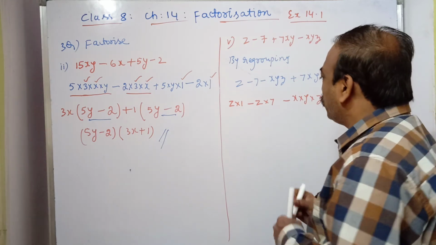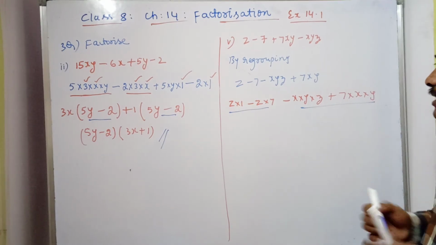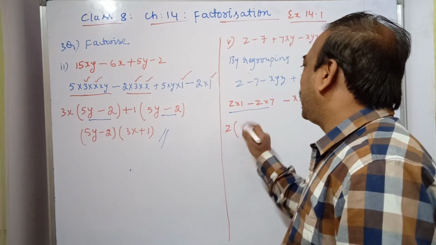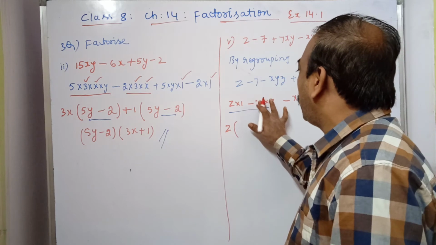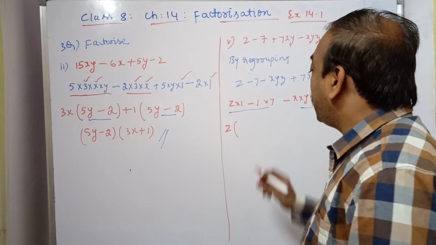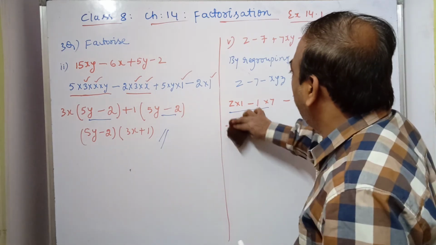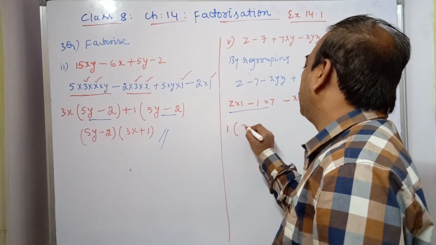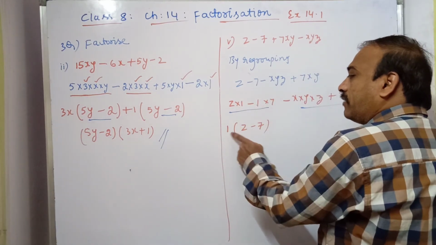Now I am taking these two as one term and these two as one term while taking the common factors. In these two, which is common? Z? If I take z as common, here this is 1. Sorry, here it is z into 1 and 7 into 1, so only 1 is common.